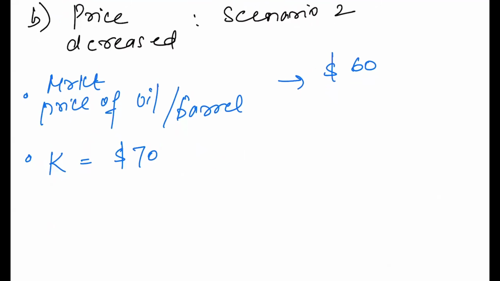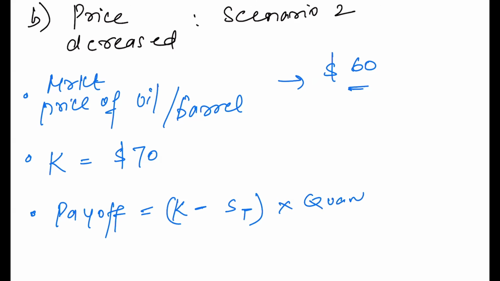So if you see, the payoff is nothing but, as I told you, K minus ST, right? Oh, sorry. Because we know at expiry that the market price is $60, so this multiplied by the quantity.